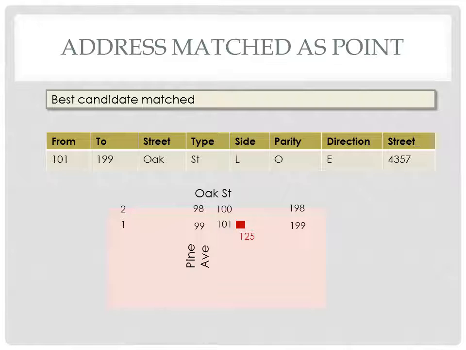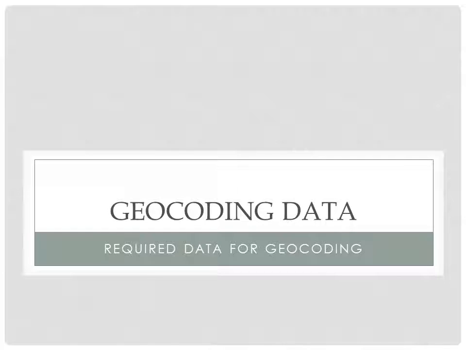Oak, it's a street. On the left side of the street, parity is O, direction E, street 4357. This would have to do with the number associated with the line segment.